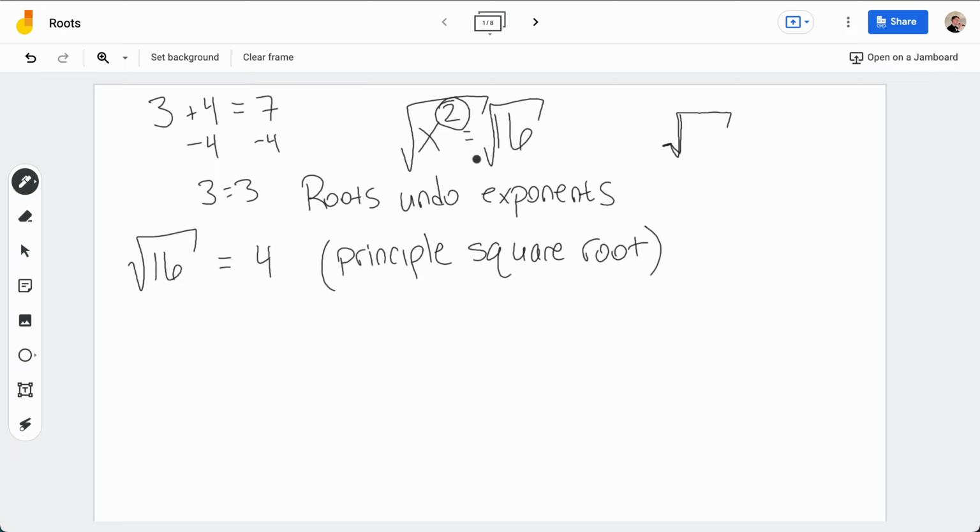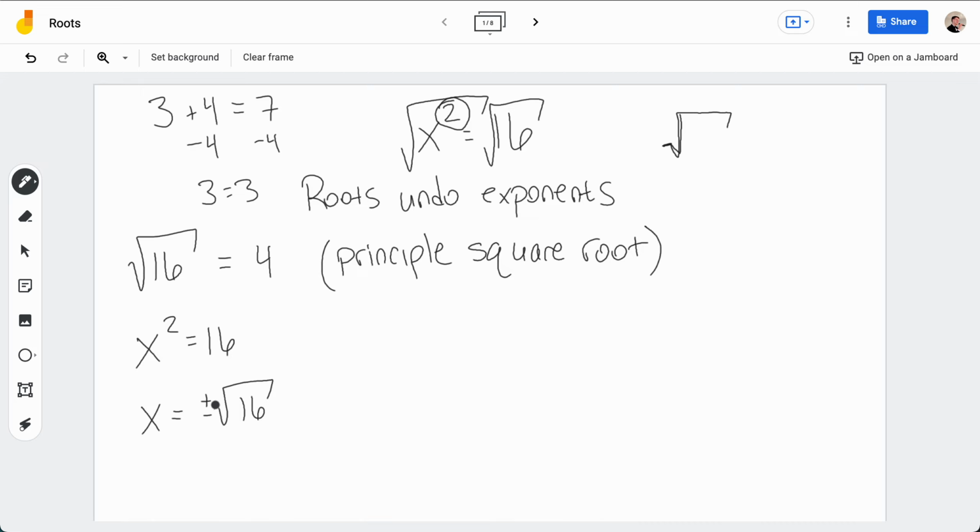But sometimes you'll be working up here, where you have an equation, which is x squared equals 16. When you're solving an equation, you take the square root of both sides, and there are actually 2 answers. We denote that by saying that x is equal to either positive or negative square root of 16. Because if we only have the root there, we're only talking about the principal square root, which is the positive answer.